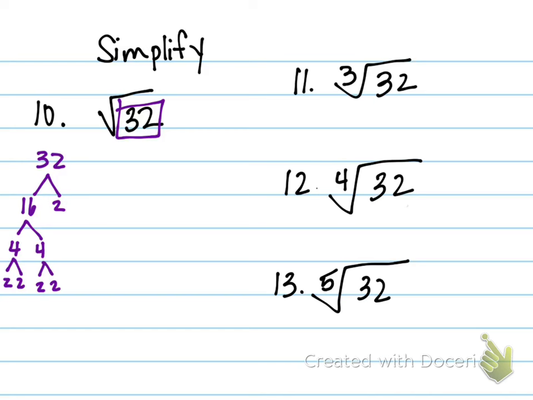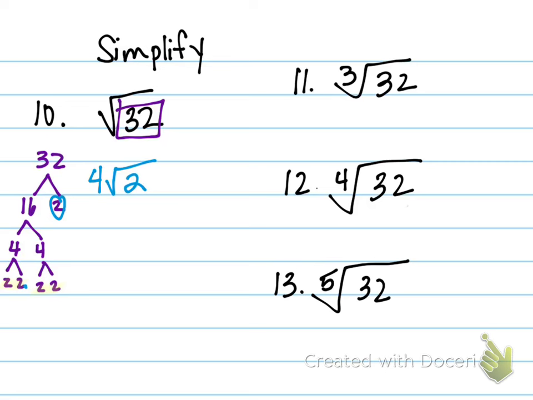And if I were to figure out what are the pairs that I can pull out, I can pull out the 2, 2, and the other pair of 2s. So I could rewrite the square root of 32 as, I would multiply the pairs and leave the single inside the radical, for square root of 2.